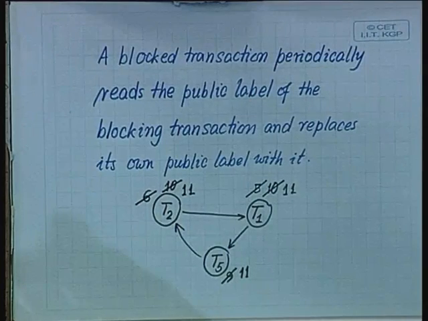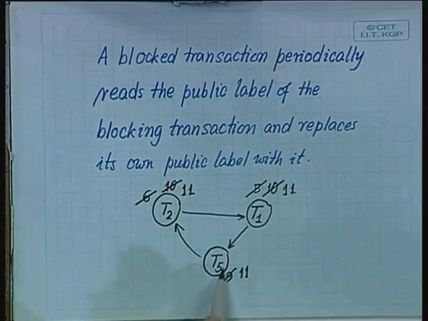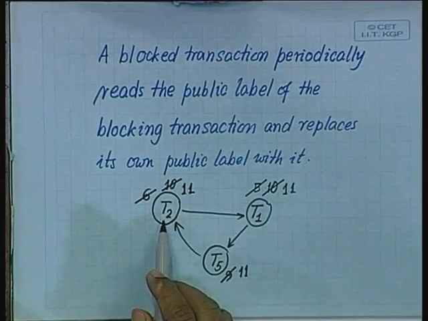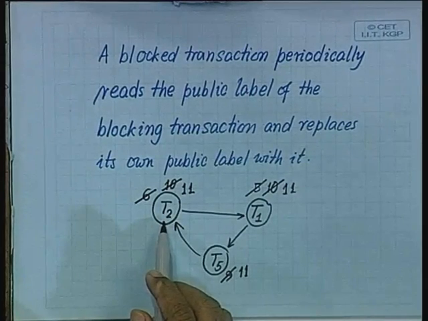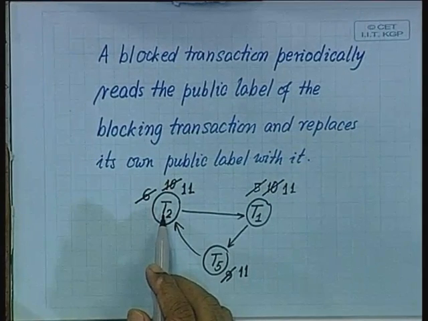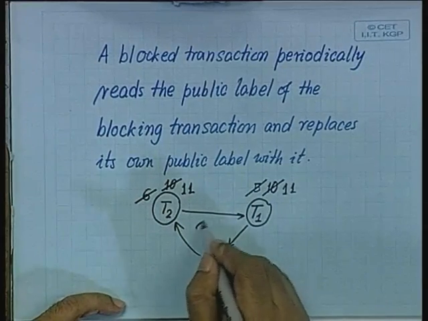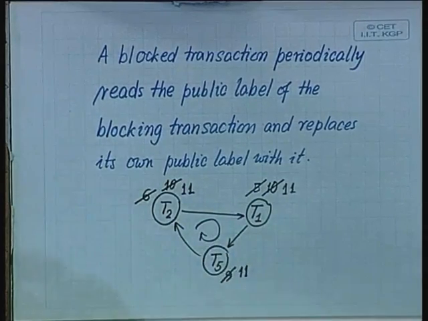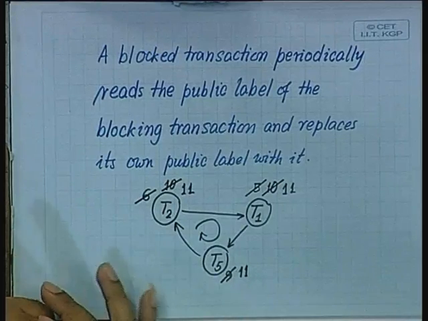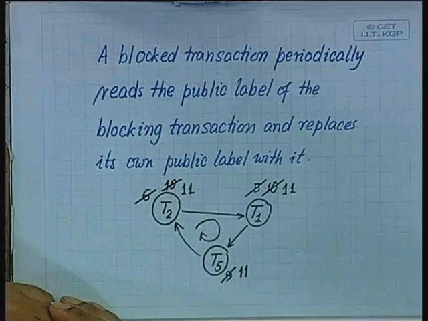And then when one of them inspects and finds that it is the same as its own public label, then it knows that there is a cycle, and then it breaks it.